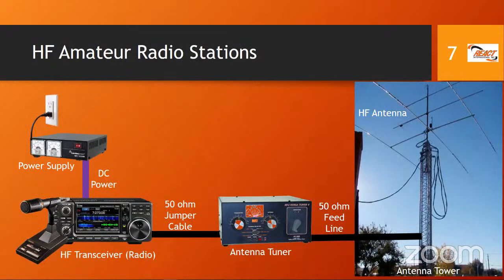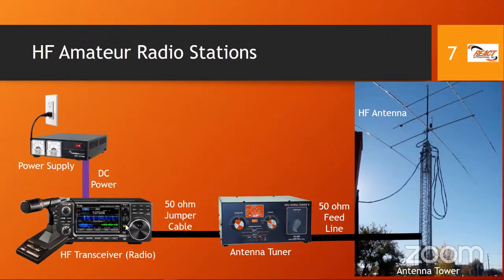Right, so let's just pull it back a little bit and discuss again what we are aiming towards. So we have this slide that should look familiar to most participants. We said this is an example of an amateur radio station, an HF amateur radio station that we might be aiming for, where we have the electrical supply in our house. We have a power supply that converts that power, 120 volts perhaps, into DC power that our transceiver will require, 13.8 volts.